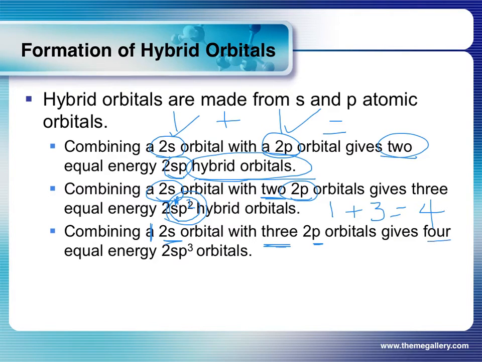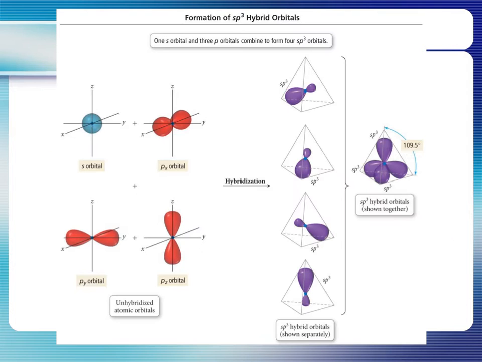And we do, as a matter of fact. We end up with 4, and they are called sp3 hybrid orbitals, because they came from one s orbital and 3 p orbitals. Hopefully that makes sense. That's rather important. All right, so we're going to go through the different types of hybrids one by one.